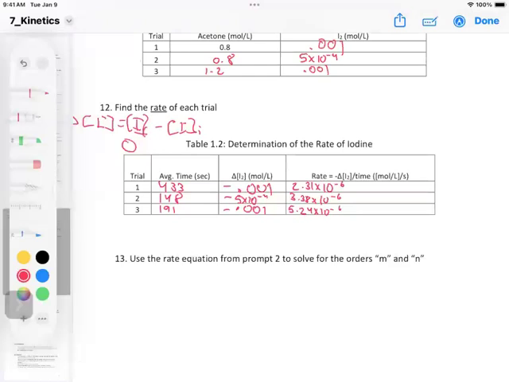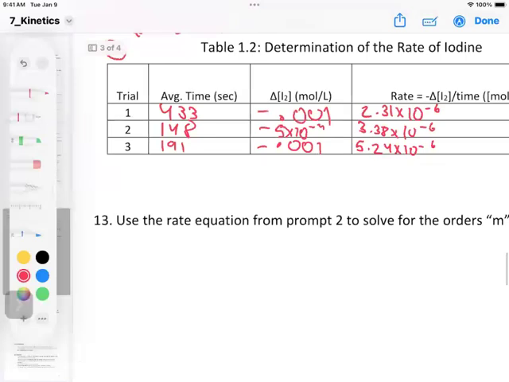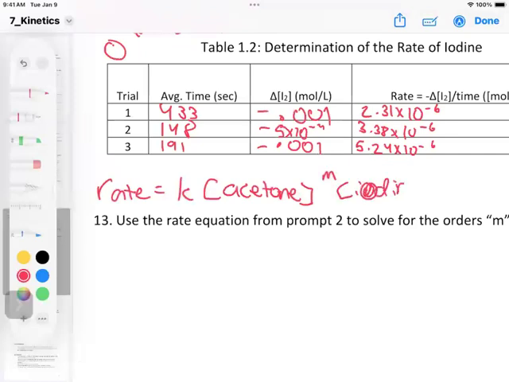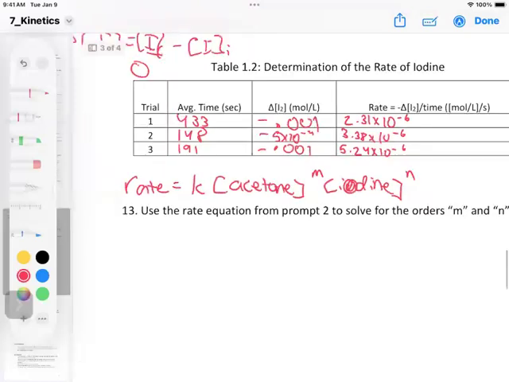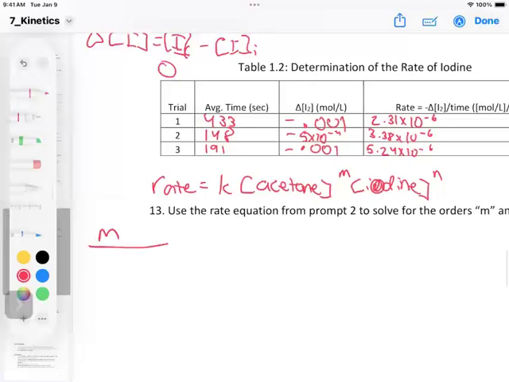Now we need to find M and N. Remember, this is from my general rate law: rate equals k times acetone to the M times iodine to the N. First, let's solve for M, the reaction order with respect to acetone.